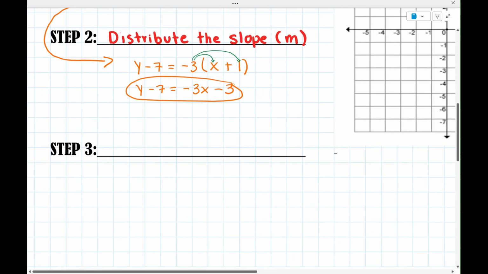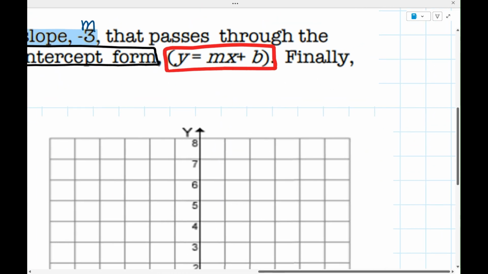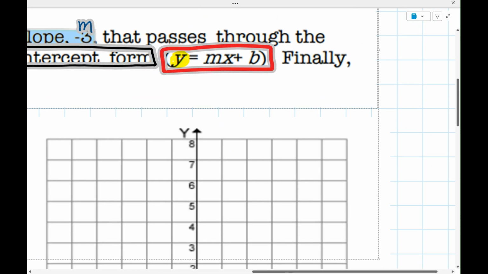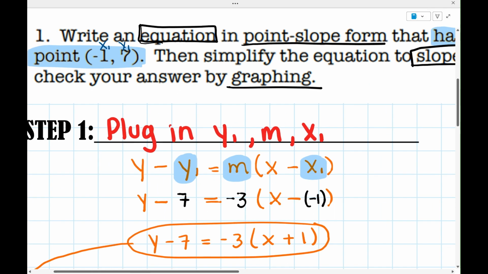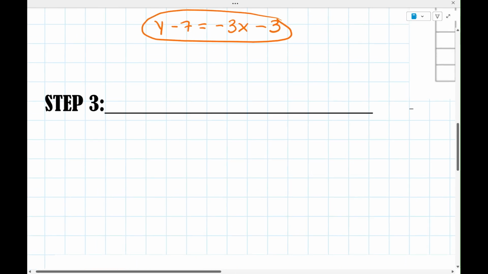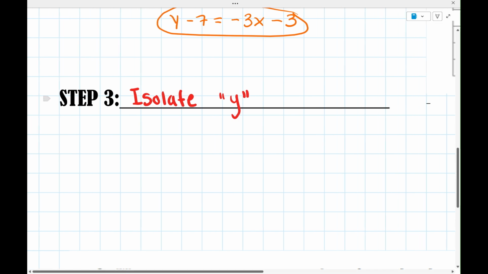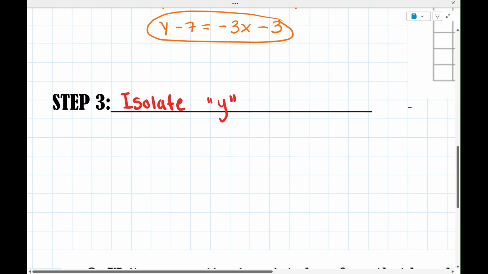And it's almost looking like y equals mx plus b. There's still just one more thing that we need to do. Notice how our y is not isolated. It's not the only term on that side of the equal sign. So then our last step would be to isolate y. I'm going to go ahead and grab that equation once again.